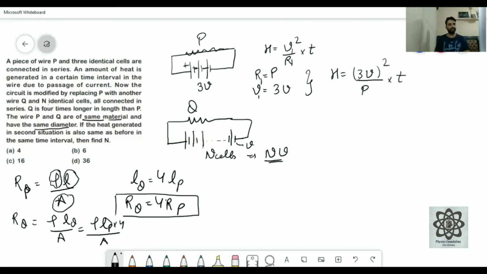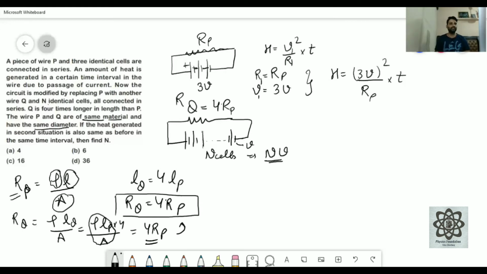Now this whole is the resistance of P. So 4 times the resistance of P. So the resistance of Q will be 4 times that of P. If you are finding it confusing, we can write the resistance of P here, so it will be resistance of P. And in here also, the resistance of Q is equal to 4 times the resistance of P. I think then it's clear.